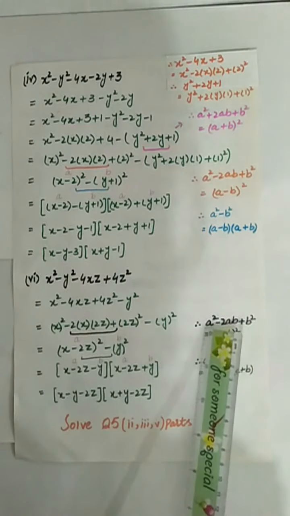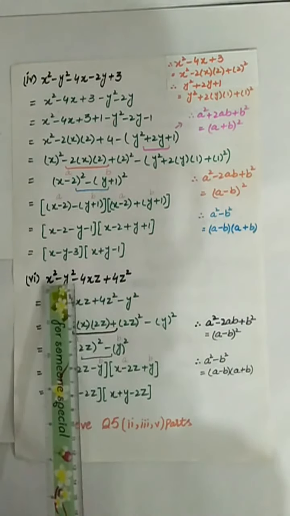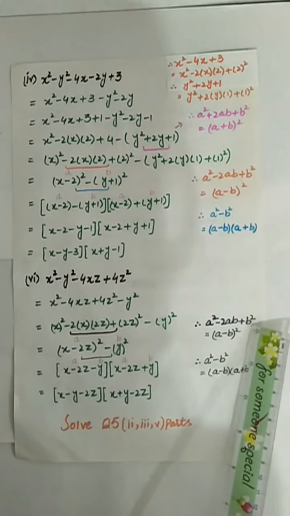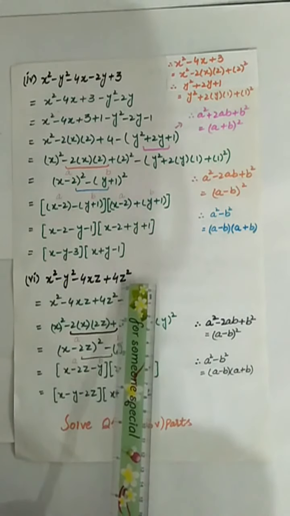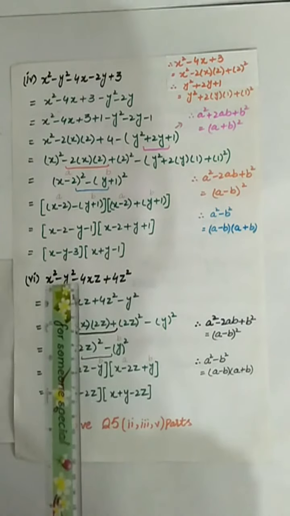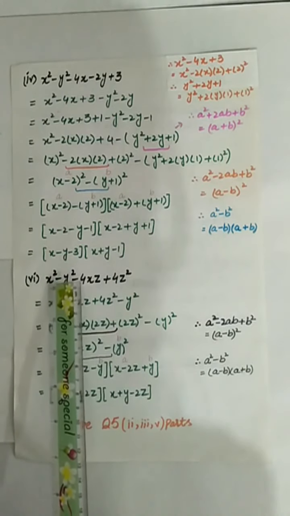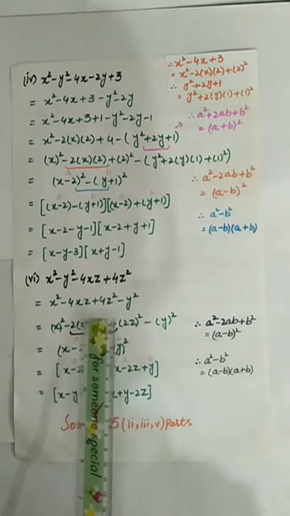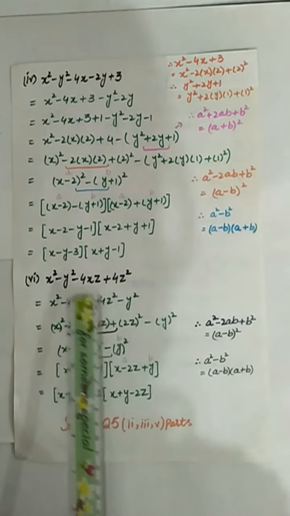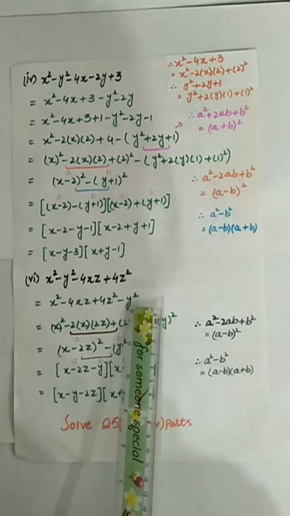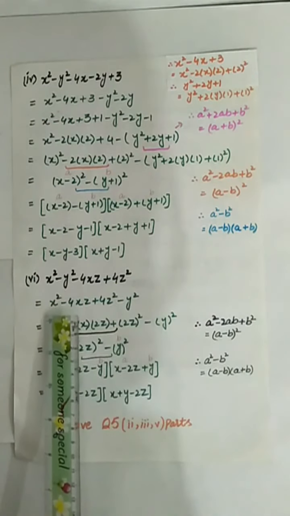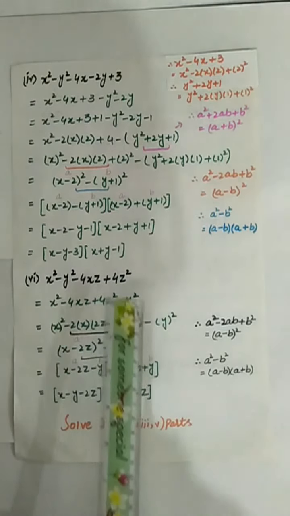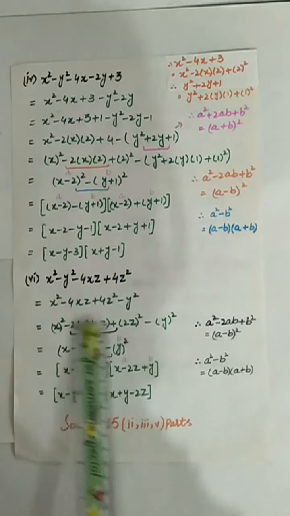The first term a is x, and the second term b is z. To complete the formula, we require these three terms, x square minus 4xz plus 4z square, and then this minus y square as the fourth term of this expression. Now first we will complete the formula for these three terms.